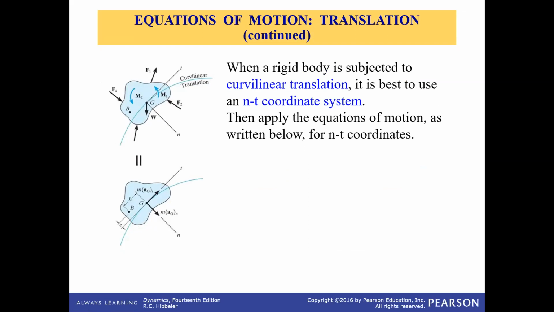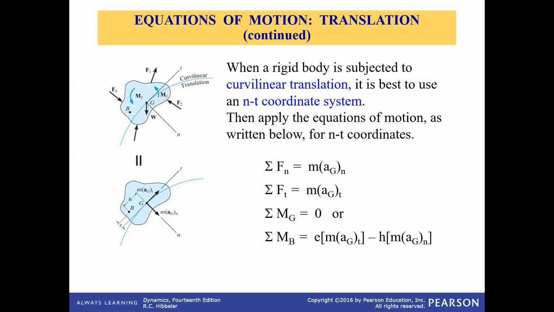If a rigid body is subject to a curvilinear translation, so if it is having curved motion like that, then it's most convenient to use a normal and tangential coordinate system, N and T. Then again, the net force in the normal direction should be equal to m times the acceleration in the normal direction, and the net force in the tangential direction should be equal to mass times acceleration in the tangential direction.